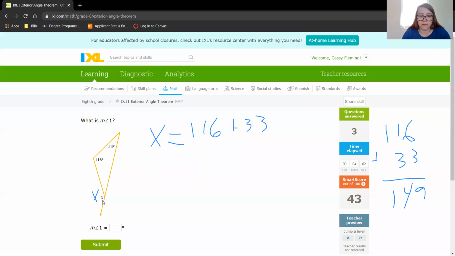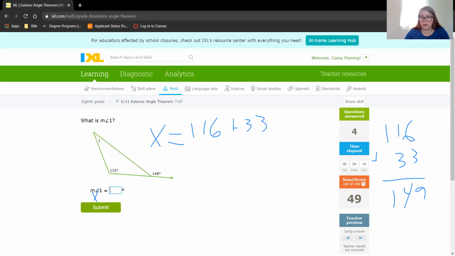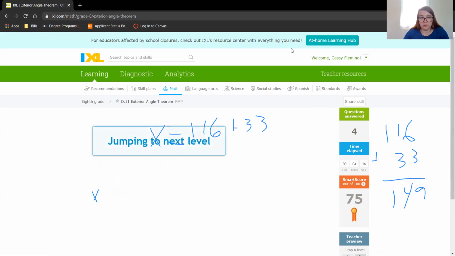Our measure of angle 1, or as I called it, x, should be 149. Let's check it out. And we got it. We'll bump it up another level.